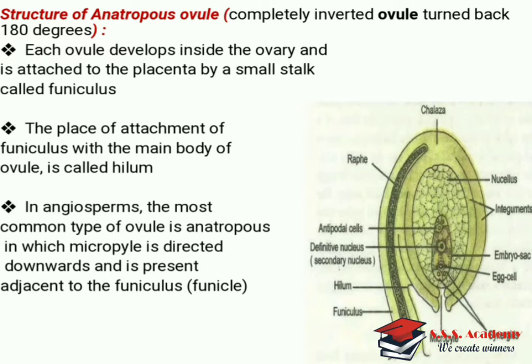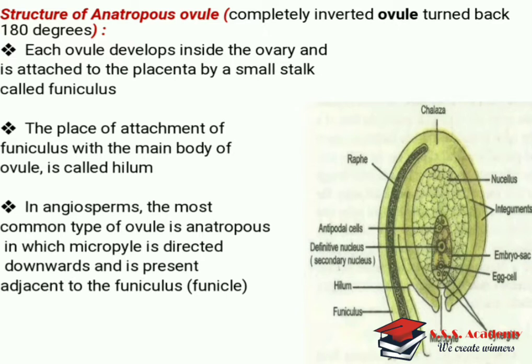At the downside, the micropyle is shown, which is a pore-like structure. And the chalaza is the base of the ovule, directed opposite to the micropyle. Exactly opposite to the micropyle, the base of the ovule is present, which is called chalaza. Then in between, inside the central parenchymatous tissue, there is an embryo sac, which is nothing but the female gametophyte.